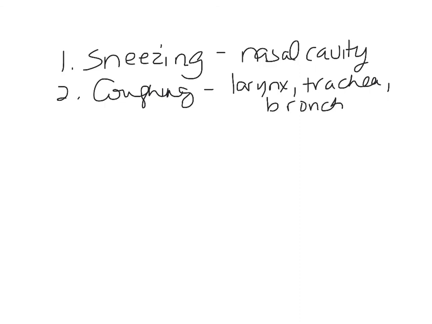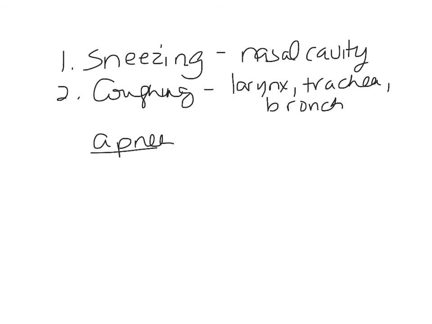Both of these reflexes involve apnea. And apnea means it's a period where respiration is suspended, and then it's followed by a forceful expulsion of air. So the glottis is closed during these, initially, the glottis closes, and then the abdominal muscles and the internal intercostal muscles are going to contract very hard, and air will blast out, opening up that glottis.